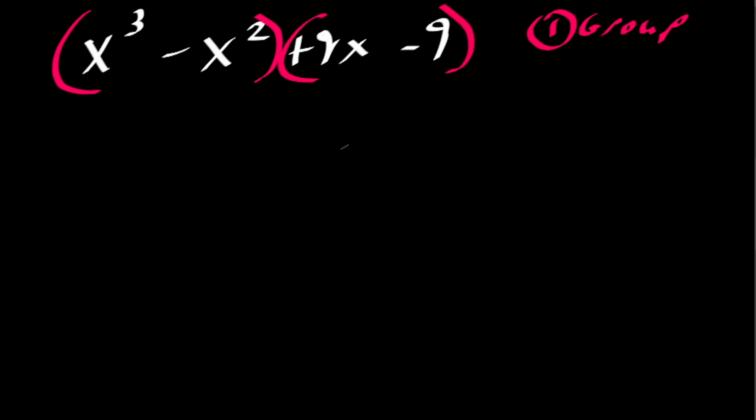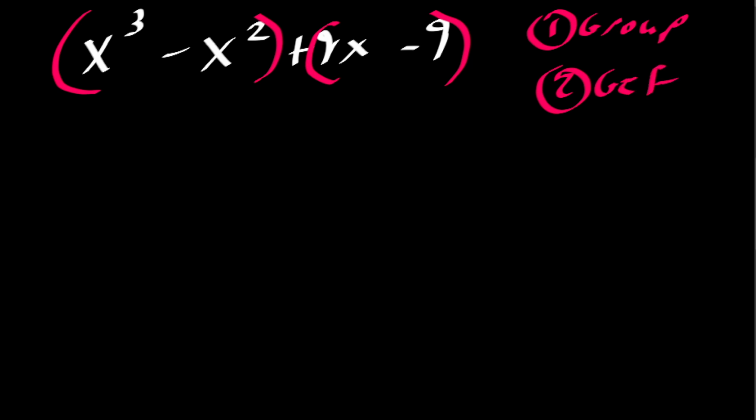All right, so we're going to group these together. And actually, I'd probably leave the plus sign out of this. Then we're going to take a GCF out of each group, which just means each parentheses.